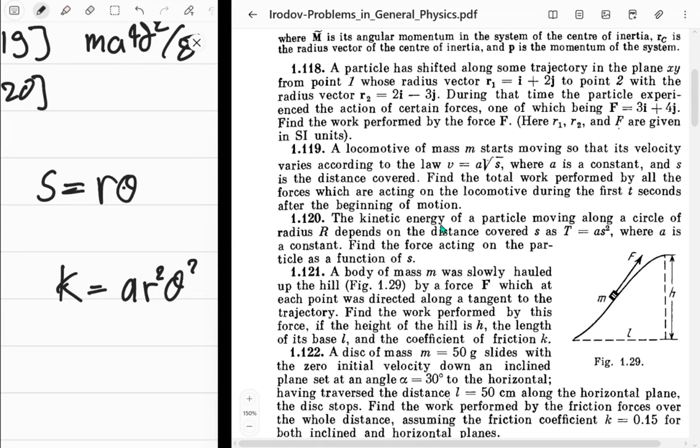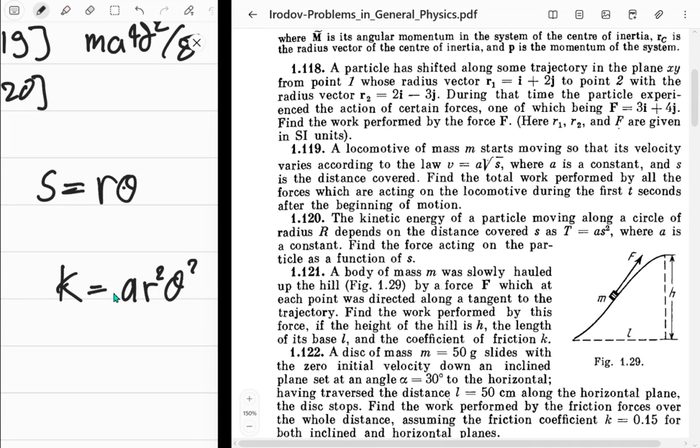Actually, we don't know what happens when it... Wait a second. Fine. The kinetic energy does depend like that. Since the distance traveled is along a circle, it follows this equation. That's good and all, but we don't want this.